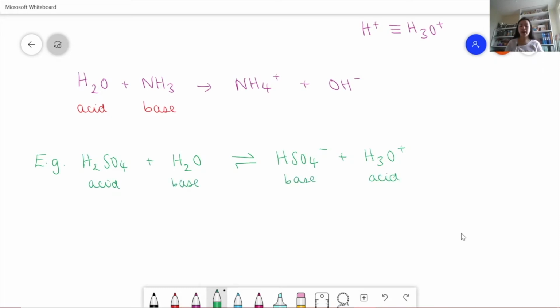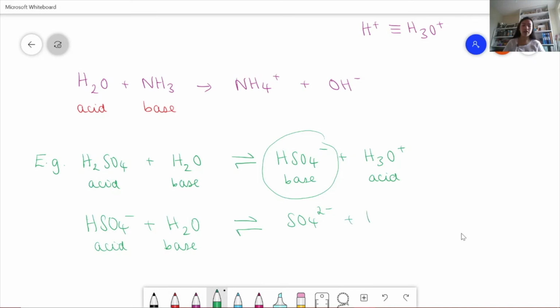And actually what we find is that this HSO4 minus ion then acts as an acid again when you add more water. So you'd get HSO4 minus plus water, and this would act as the acid and water as the base again. And you would form the SO4 2 minus ion and this hydroxonium ion again. And so this would be the base and this would be the acid.